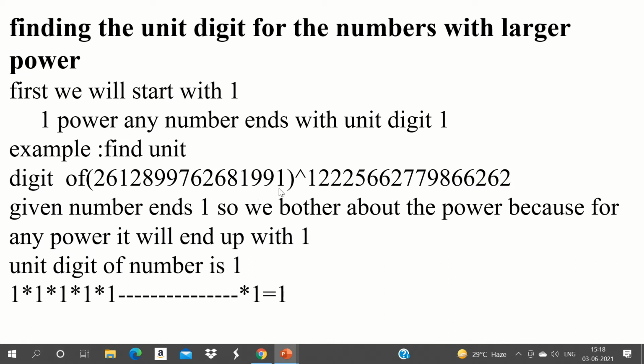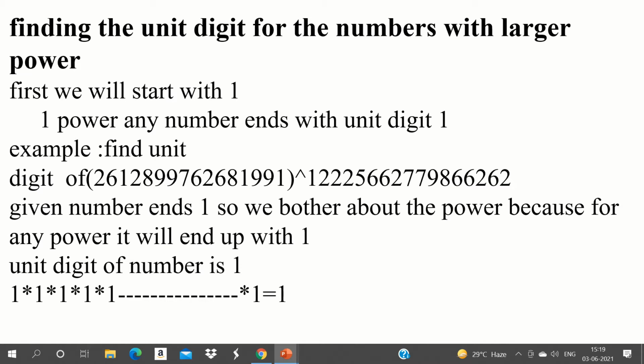So a number with unit digit 1 with a power will always end up with a unit digit 1. You don't bother about the power. The power is big, but you don't have to bother because 1 multiplied with itself gives 1 only, because power means multiplying itself.